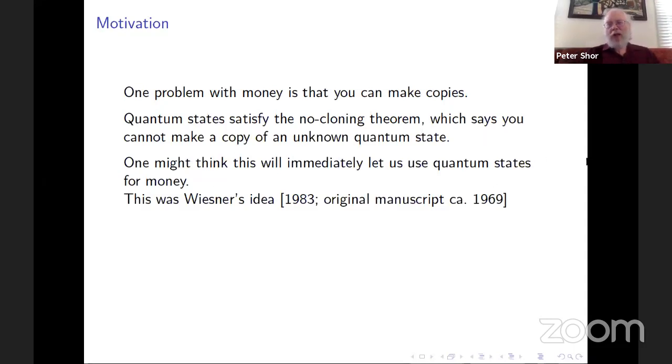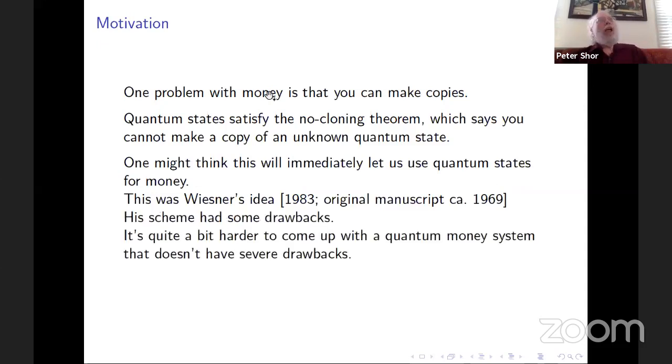I guess his original manuscript was somewhere around 1969, and it was first published in 1983 because he sent it off to somewhere and they rejected it, and then he sat on it for quite a while until Charlie Bennett, who was his friend from college, sent it off to SIGACT News, which is a non-refereed publication, and they published it.